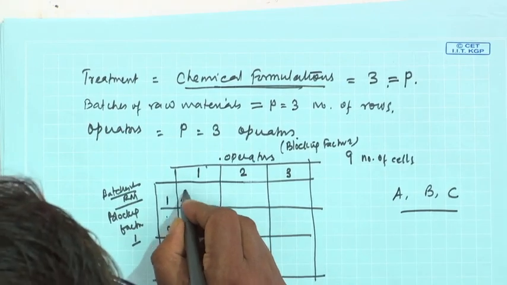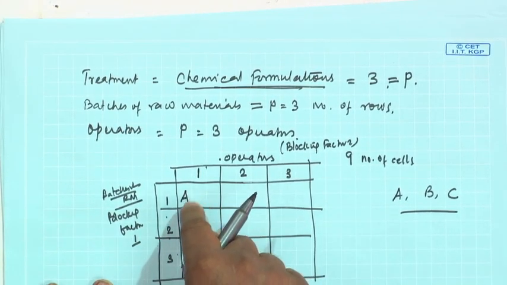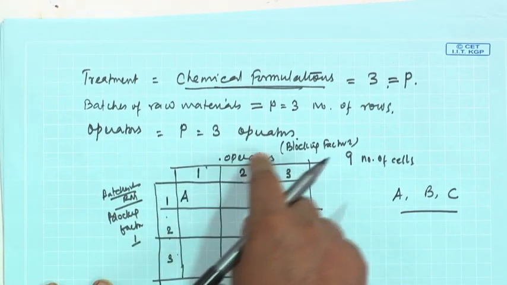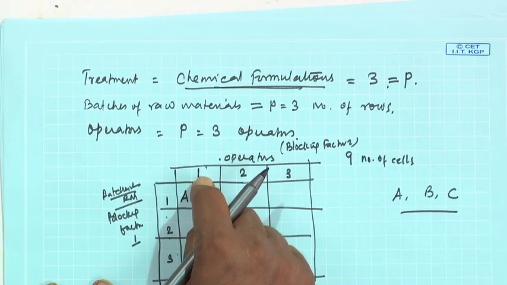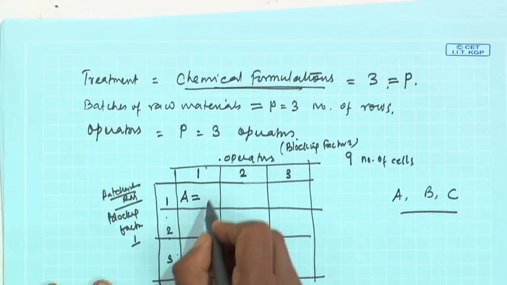Suppose the first cell is A, that means chemical formulation A with raw material batch 1 and operator 1 is experimented, and the resulting process yield is suppose 65.